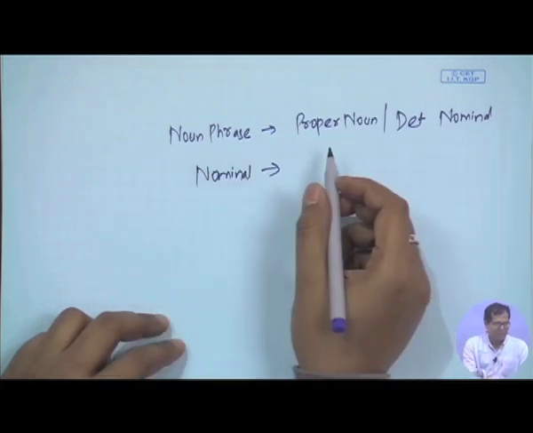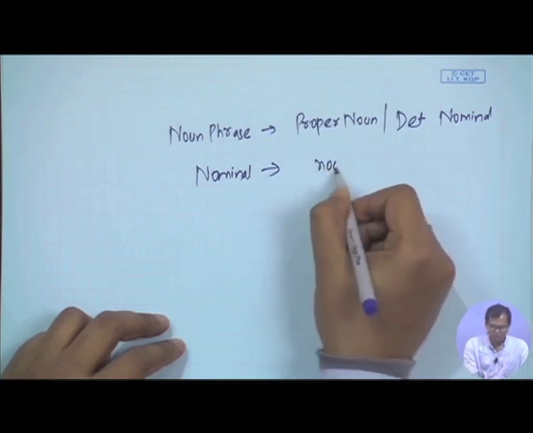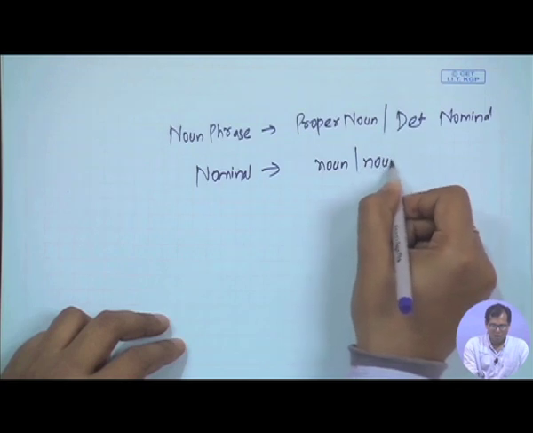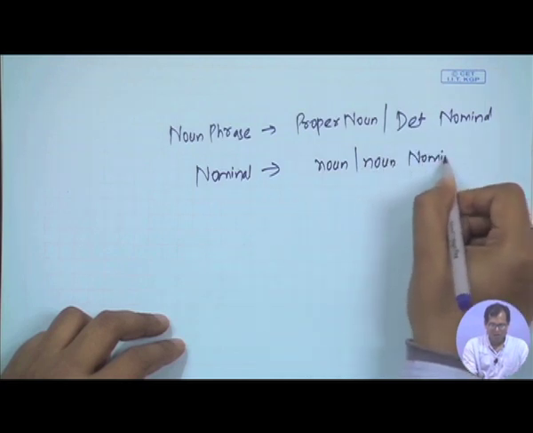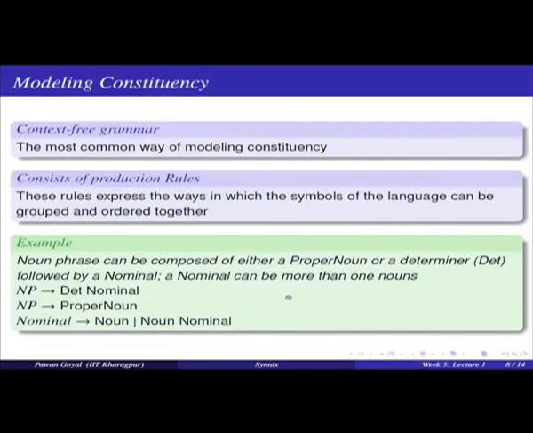It is one noun or more than one noun. So noun, or noun followed by a nominal. This is the recursion here. So I can allow as many nouns as I want by using this. And that is my context-free grammar for denoting this simple case. So that is the idea.